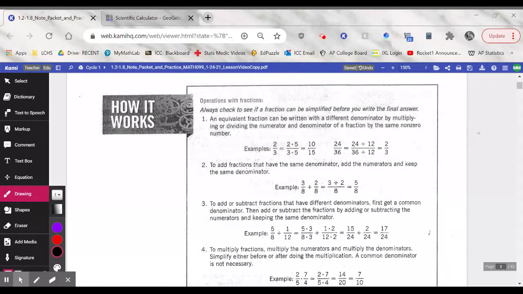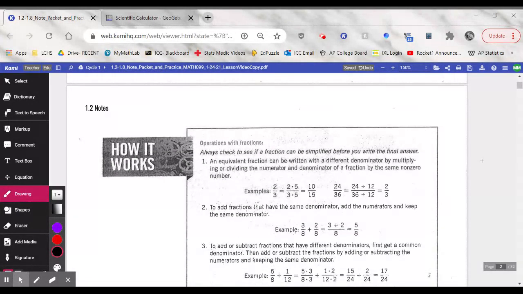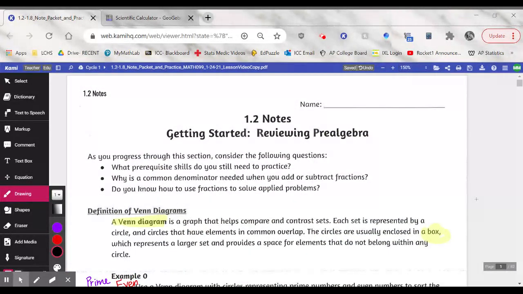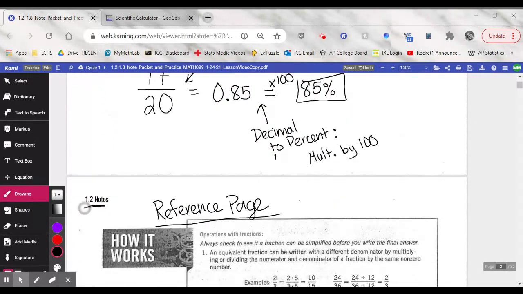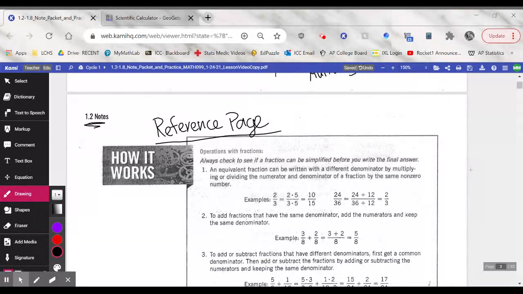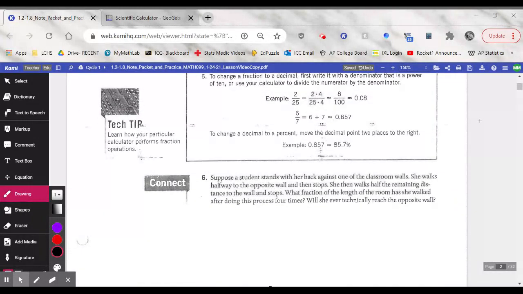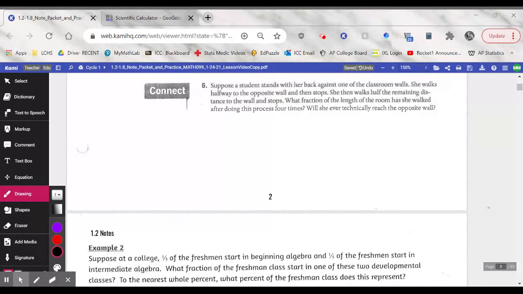Okay, the next page is kind of a reference page for you for fractions and how to use them. One other thing I want to point out while we are doing this video is if you look at the top of your pages, I've got 1.2 notes on the pages that are going to be for your note videos, and I have the page numbers along the bottom so you can watch as we go along.